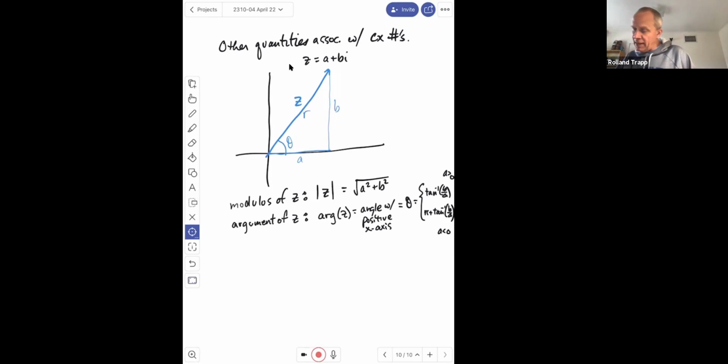Let's also look at complex conjugation geometrically. So we got modulus, we got argument. Complex conjugation, I'm going to talk about that later. I want to talk about complex multiplication.